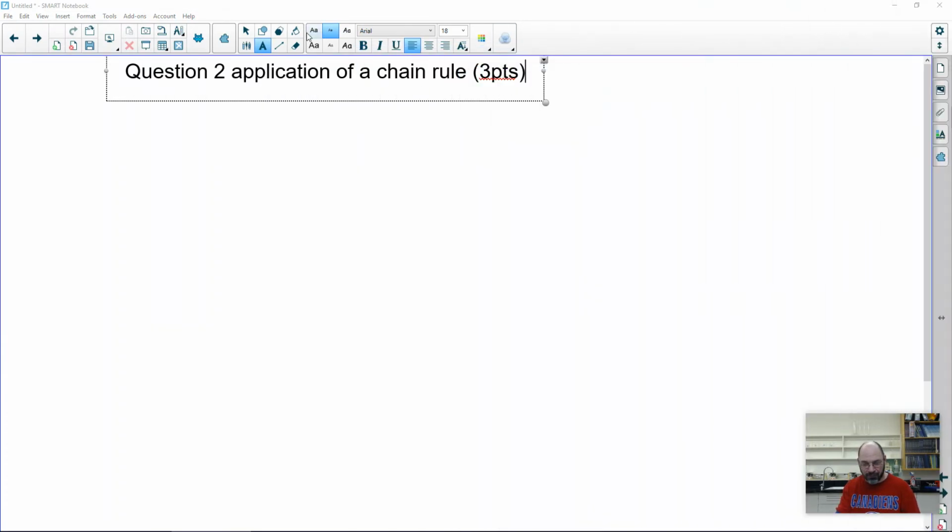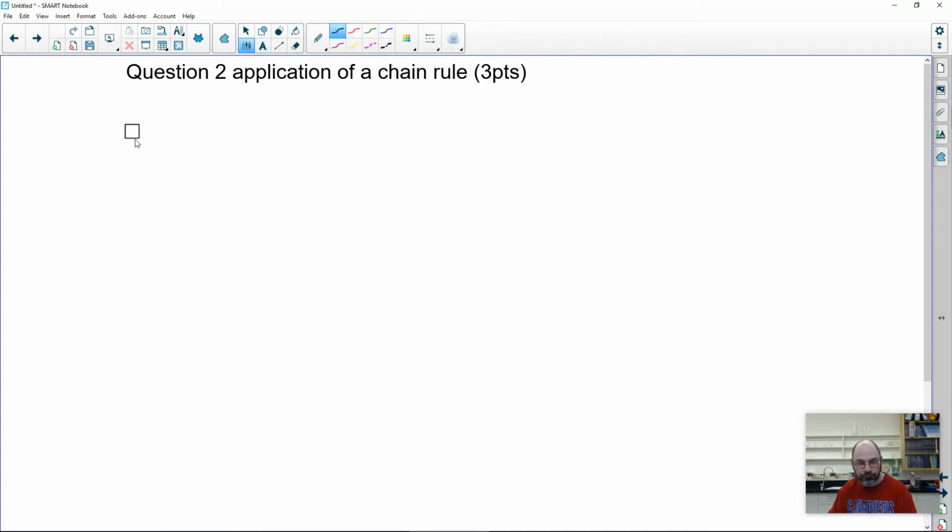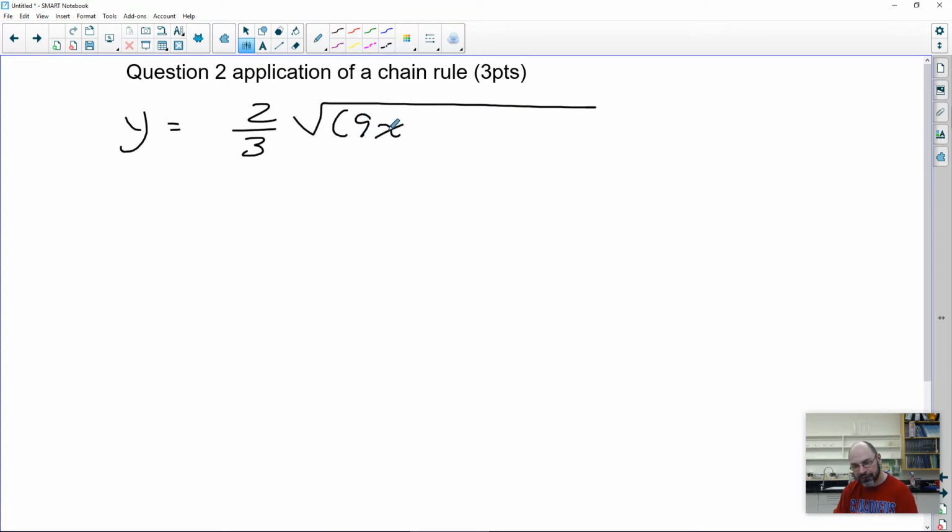So let's go ahead and do an example of a chain rule that you would see. So let's say y equals 2/3 square root of 9x to the 4th minus 8x squared plus 12x, all, let's see if I do a 3.